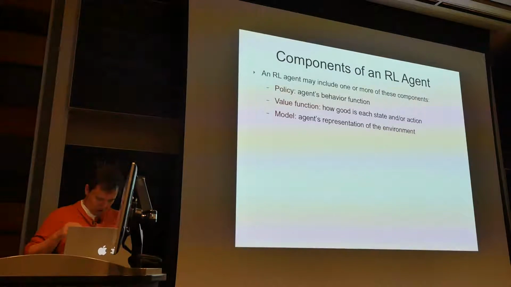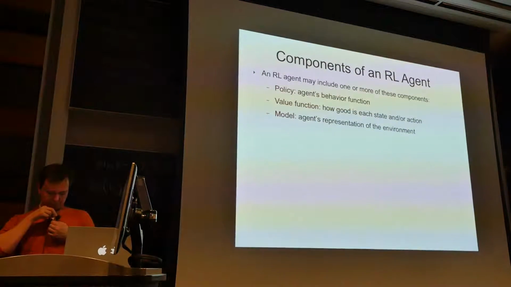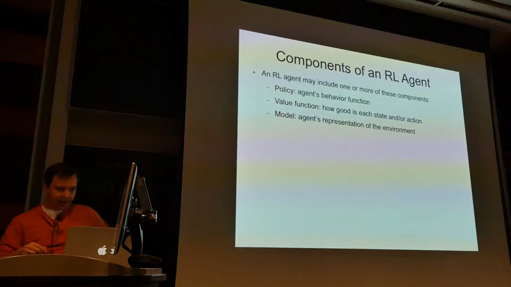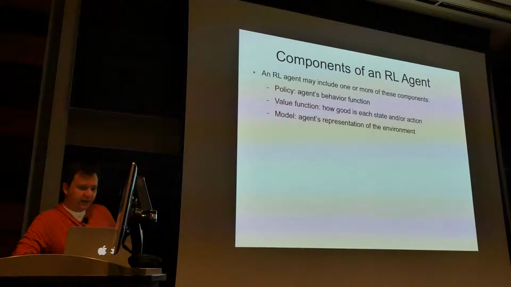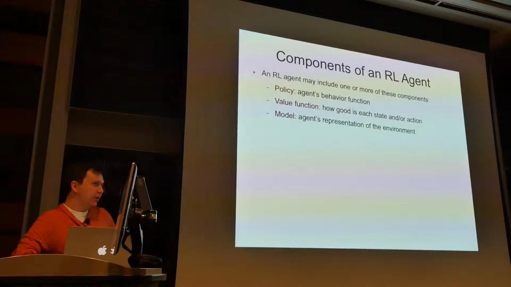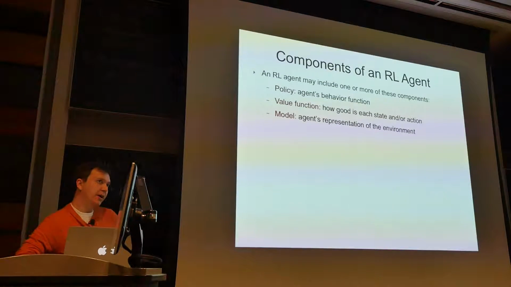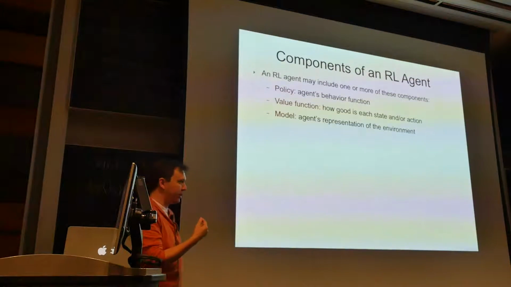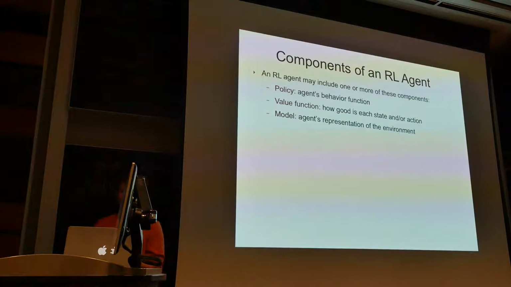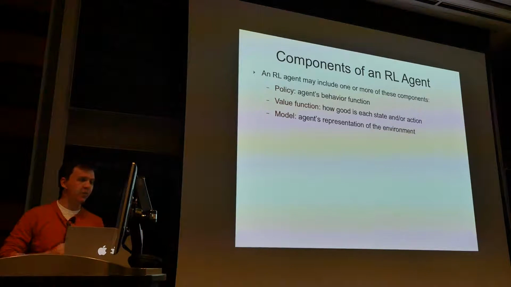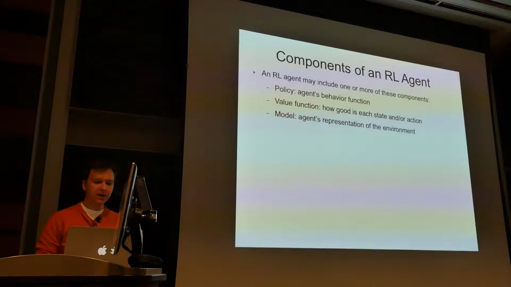Okay, so just as a reminder, there are really three components to any reinforcement learning system. Policy, and that's the agent's behavior function. Remember throughout most of the lectures we were looking at trying to estimate policy, epsilon greedy or optimal policy and such.